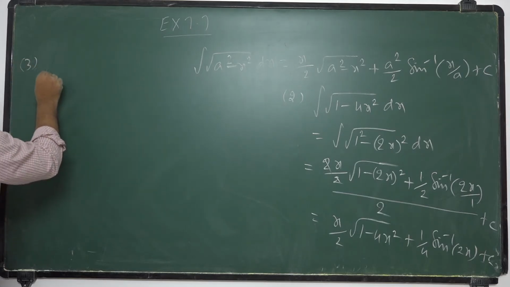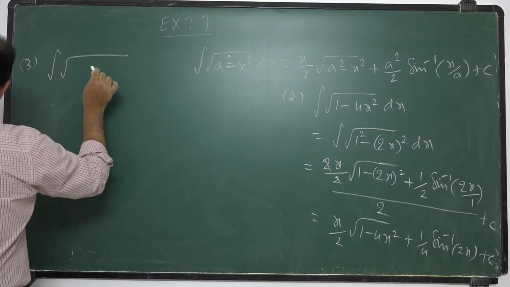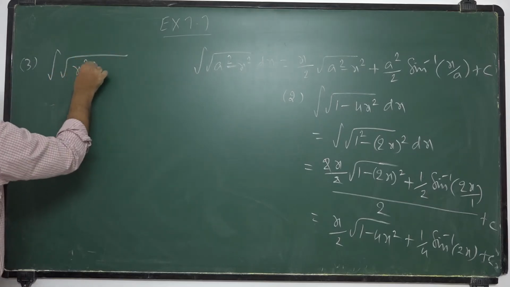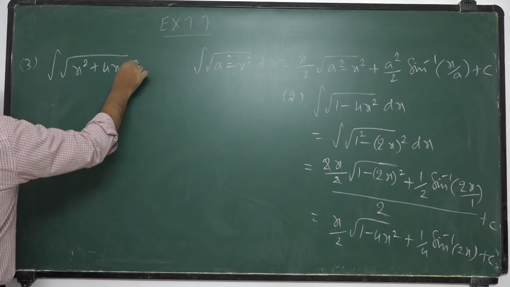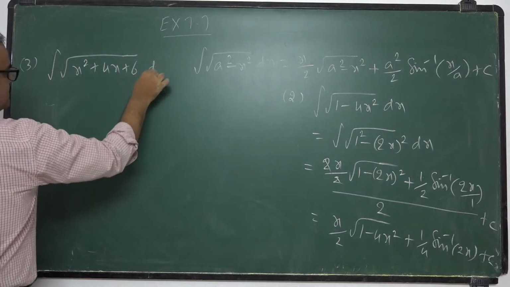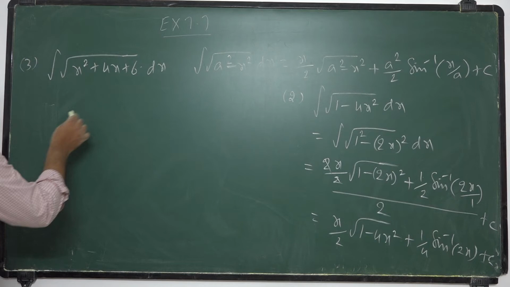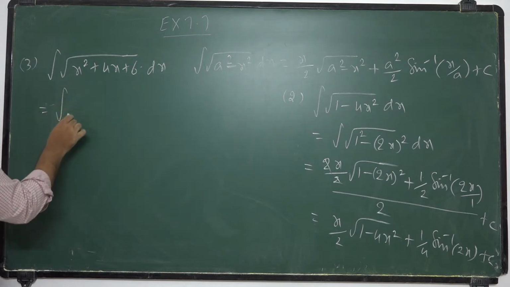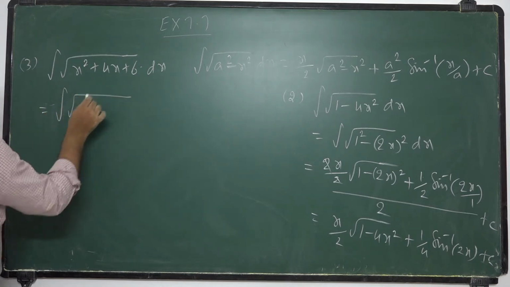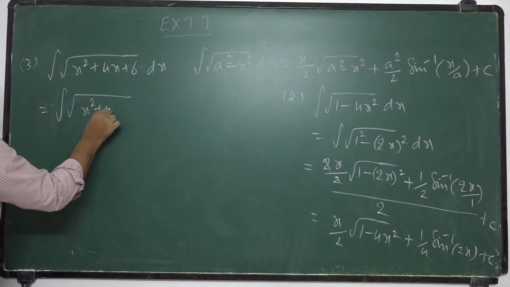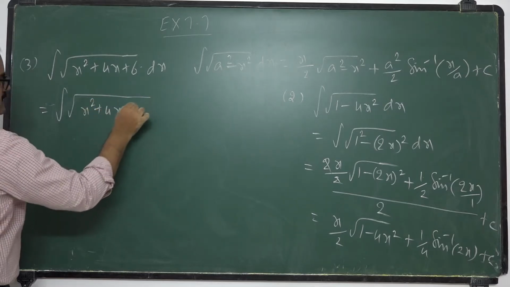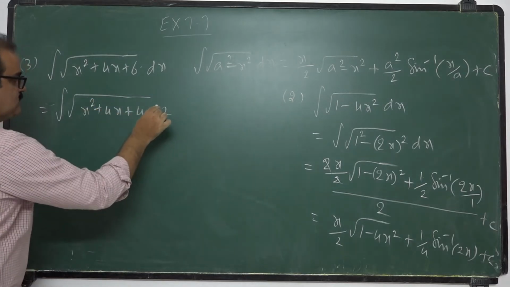Integral of root of x square plus 4x plus 6 into dx. We write it as integral of root of x square plus 4x plus 4 plus 2.